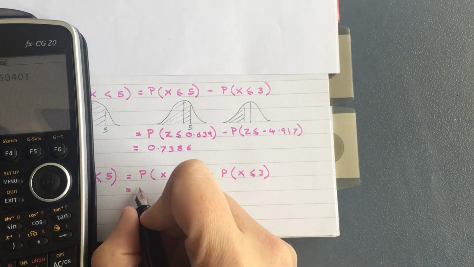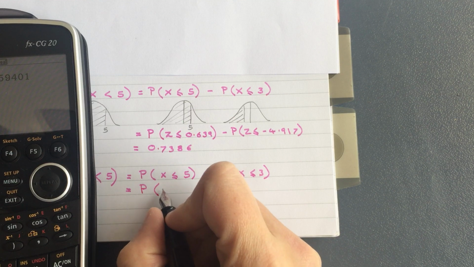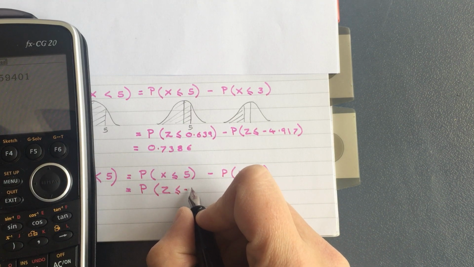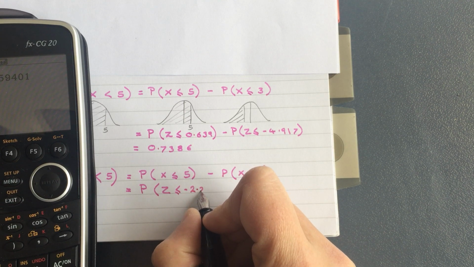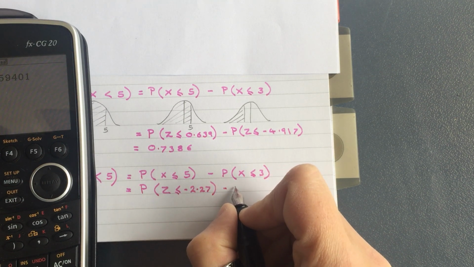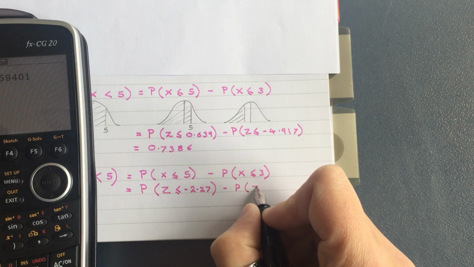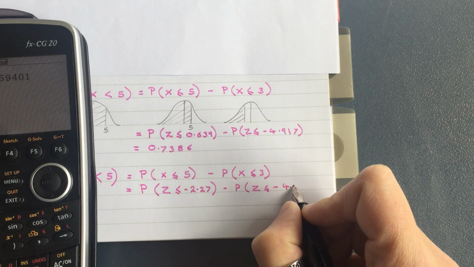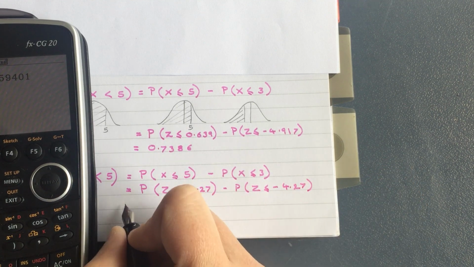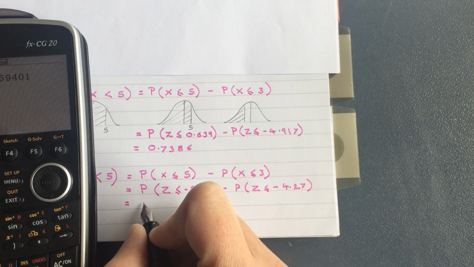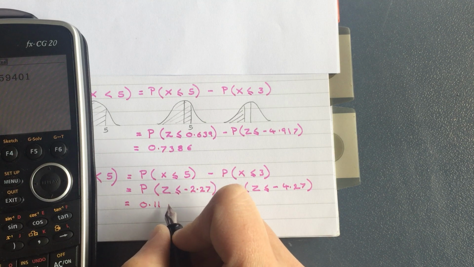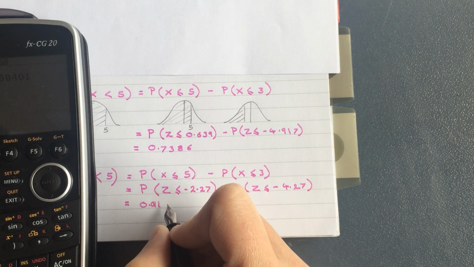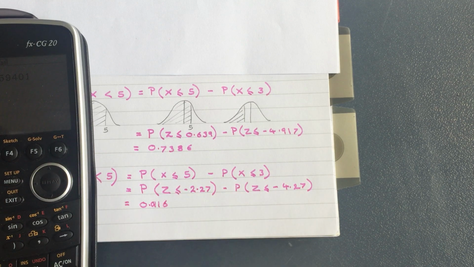So we're looking at the probability that Z is less than or equal to our upper bound, the probability that Z is less than or equal to our lower bound, and that gives us a probability of 0.0116.